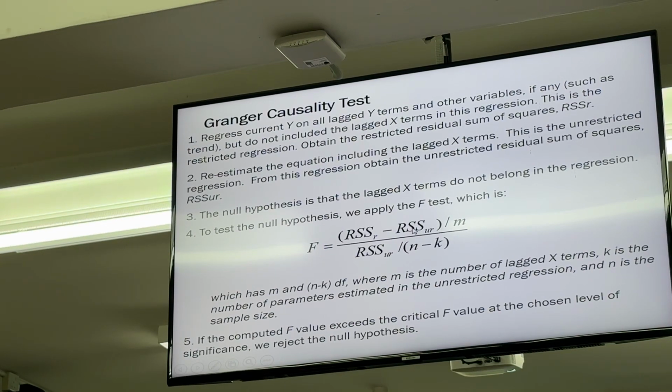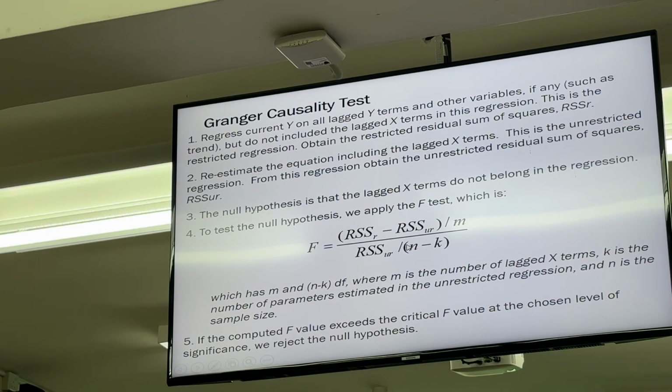Then from the general model, what is n? What is k? Here, one quantity is the number of lag x terms in the unrestricted model: how many lags in the unrestricted model?